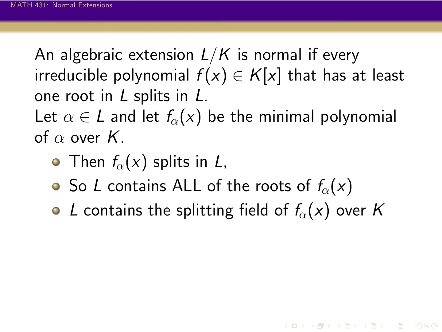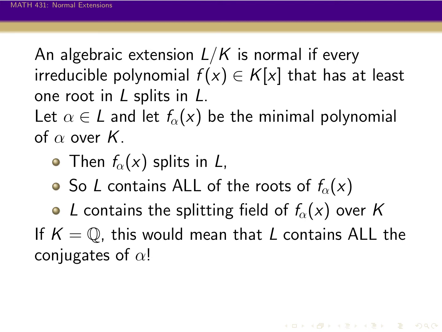And so that means that L must contain the splitting field of f sub alpha of x over K, because f sub alpha has split. And so this is one of the properties of a splitting field, is that if you find some field in which the polynomial splits, then the splitting field must be a subfield of it.